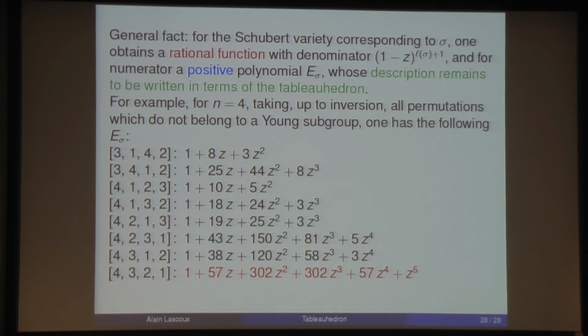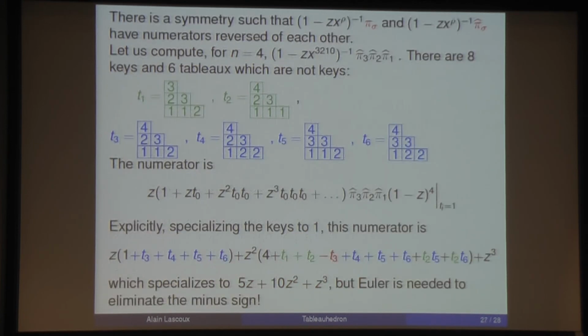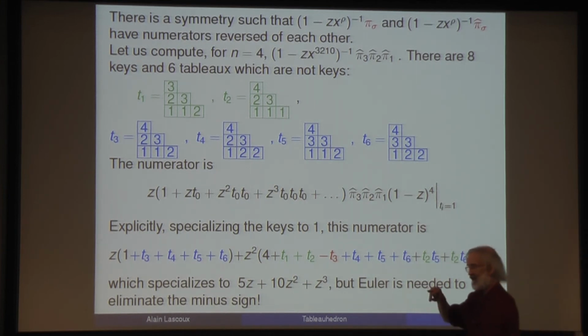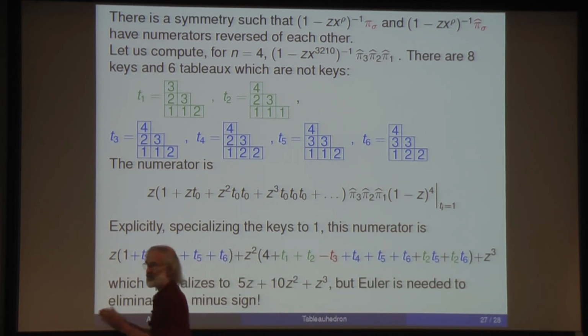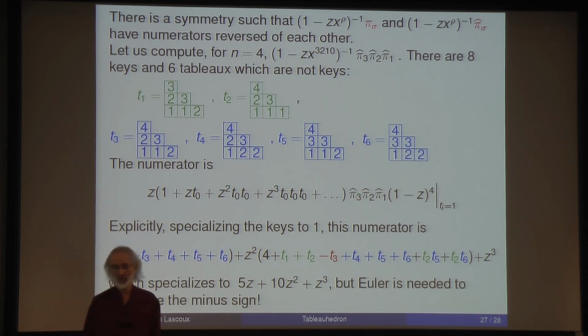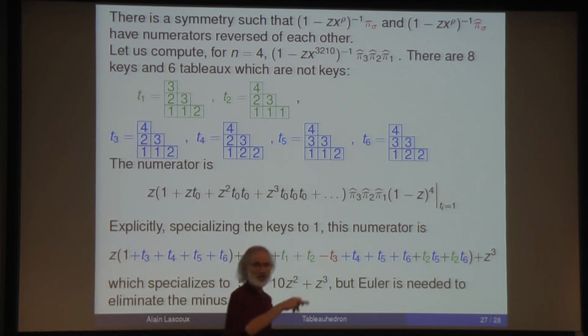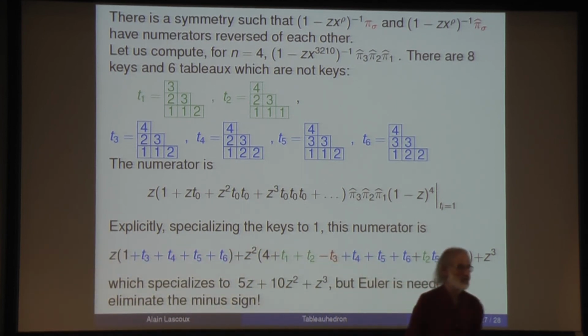So now, in terms of tableaux, these are the things that we have to obtain and to interpret. Instead of computing with pi, you can compute with pi hat. The effect will be to just reverse the numerator of your rational function. So you pass from z to 1 over z, so you have reversed.